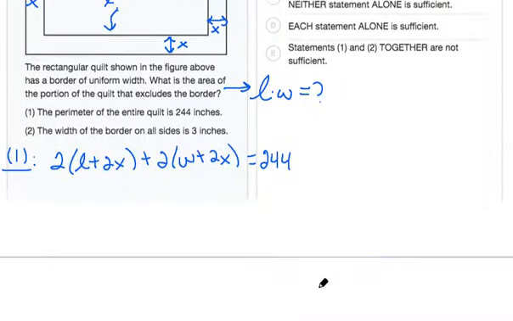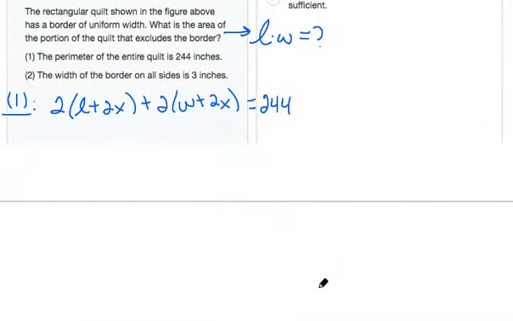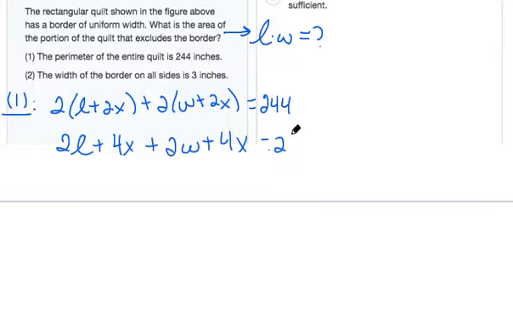Now let's simplify this a little bit, just to see if we can deduce anything about L or W. Distributing our 2, we have 2L plus 4X plus 2W plus 4X equals 244.